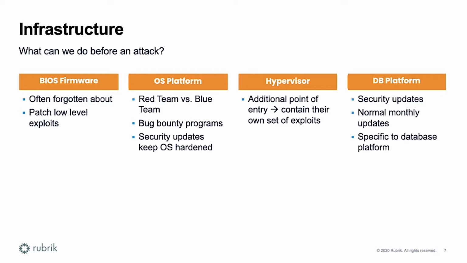They also will run bug bounty programs, so users in the field can find these exploits and report them back to the vendor, so they can get those exploits closed as quickly as possible. And you can make some money off it.